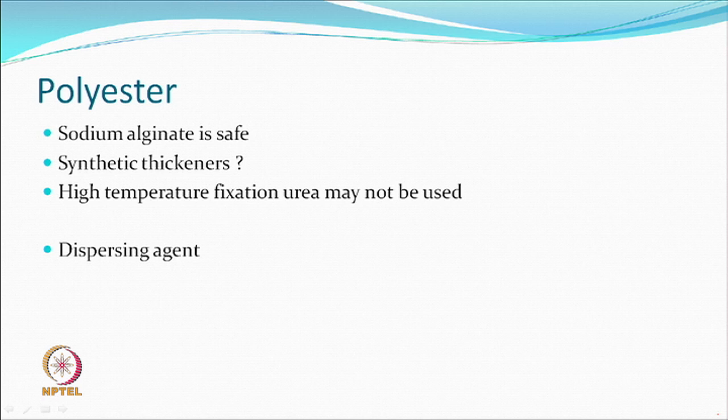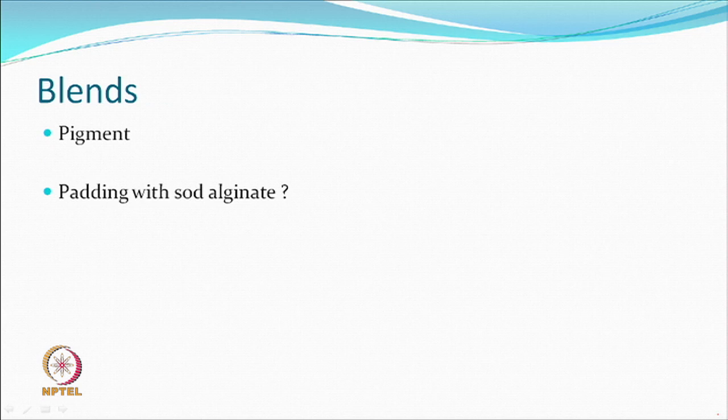Although there should be some dispersing agents in the ink itself, you may put something during this padding process as well. If you have blends, as of now a mixture of dispersed reactive inks is not available.